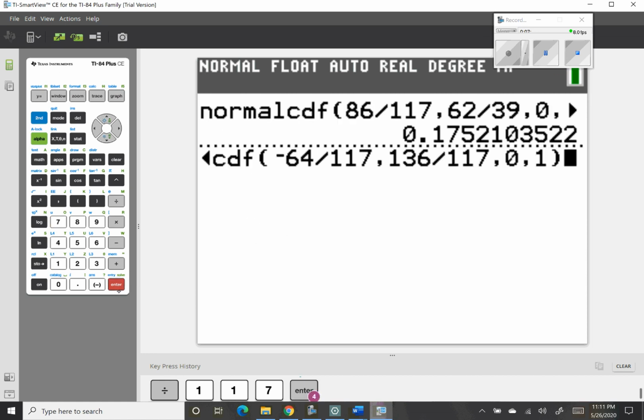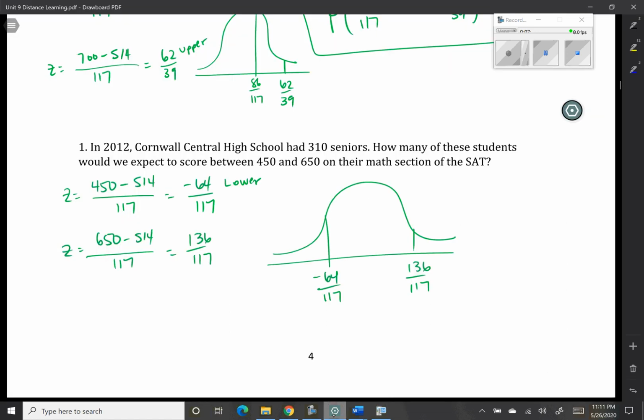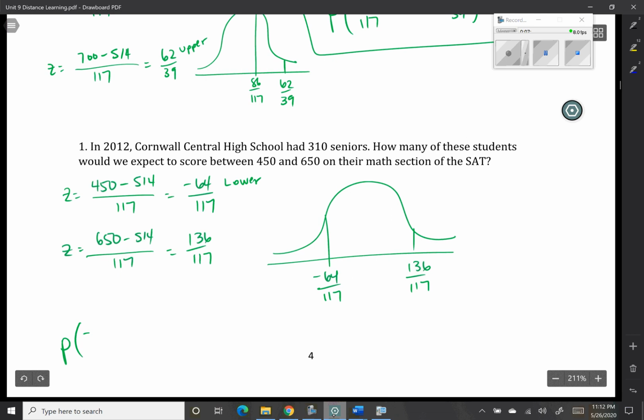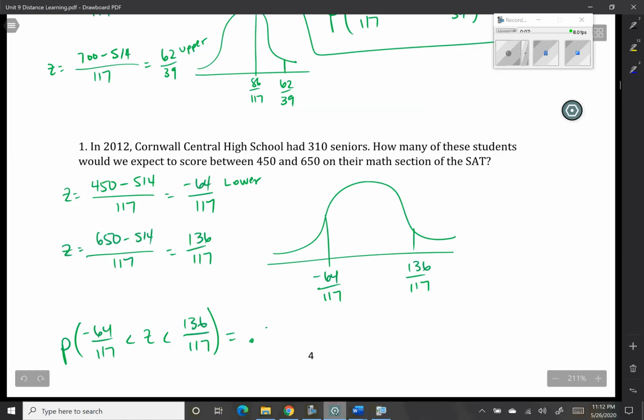Hit enter. And we get 0.585. So we'd say the probability that the z-score is between negative 64 over 117 and 136 over 117 is 0.585.